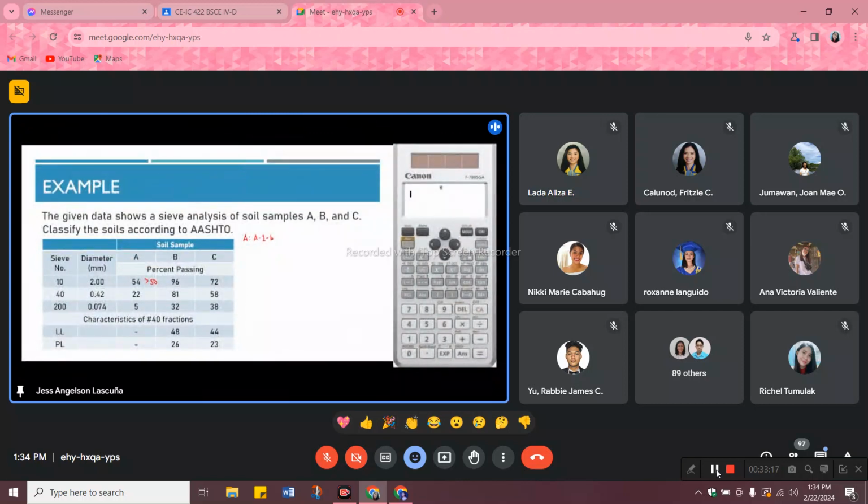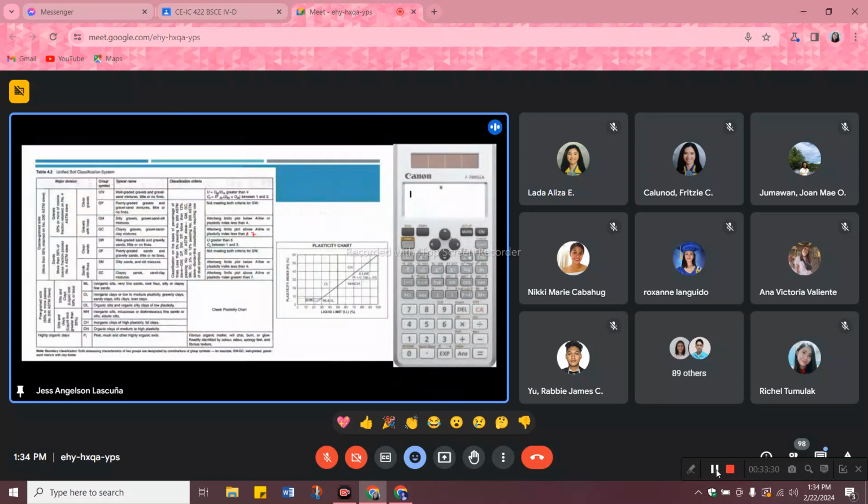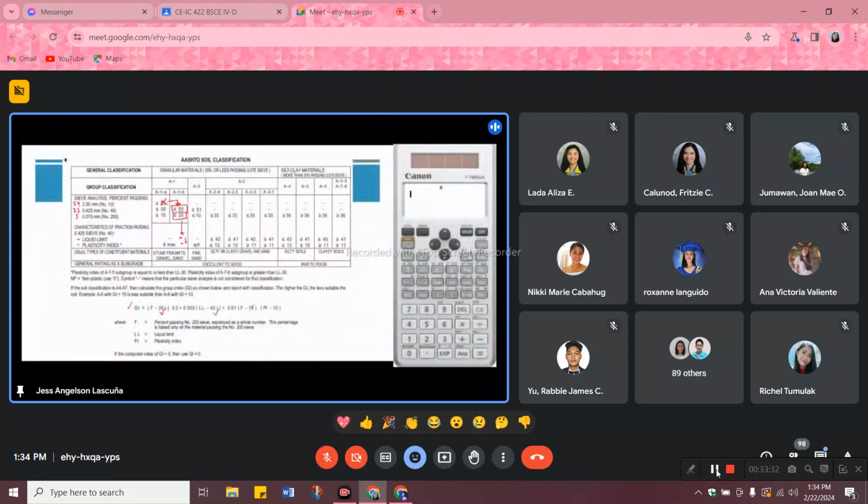And then after mo masuot ang symbol, you will write the group index niya. Kung sa group index sa soil A, atong tanawon sa pag-solve ang group index. So sa group index, before na makasolve ni, naa siya rules.